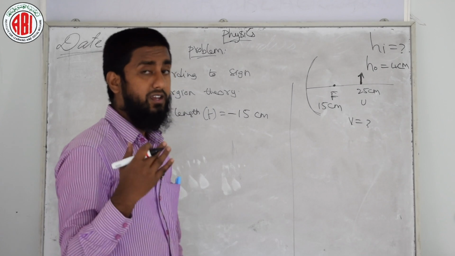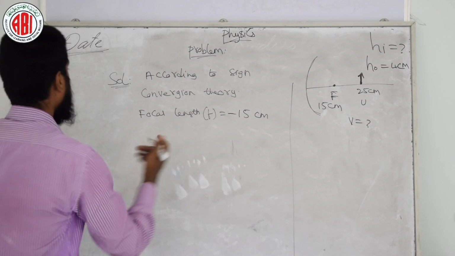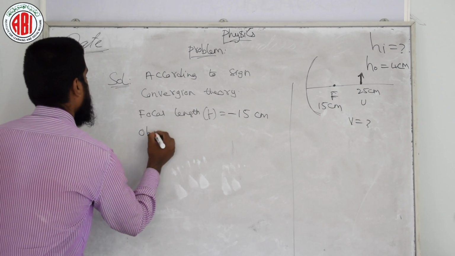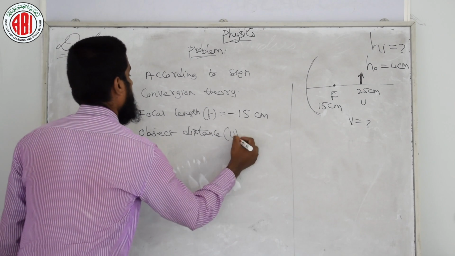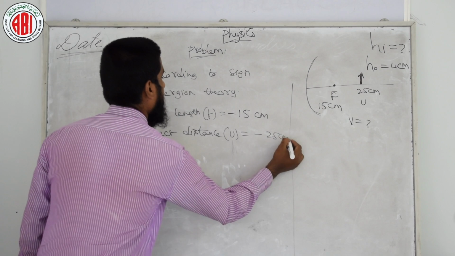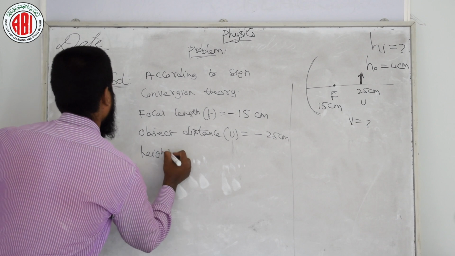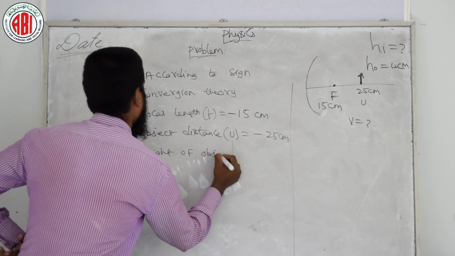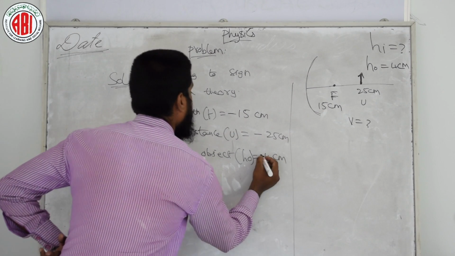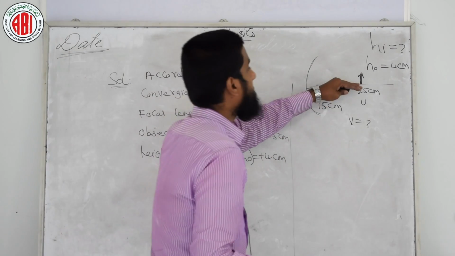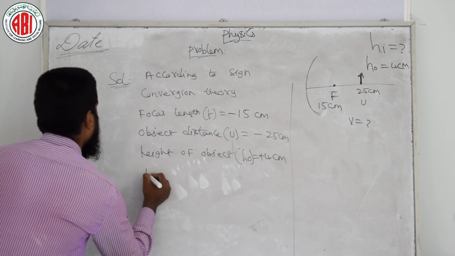Because it is on the side opposite to the incident light, so we take it as negative. The object distance u is likewise minus 25 centimeter. The height of the object, ho, is 4 centimeter. We need to take it as plus. Why are we taking plus? Because it is above the axis, and upward of the axis we take plus. What we need to find is the image distance.